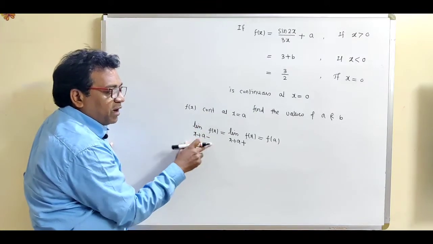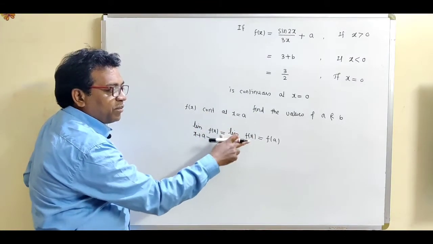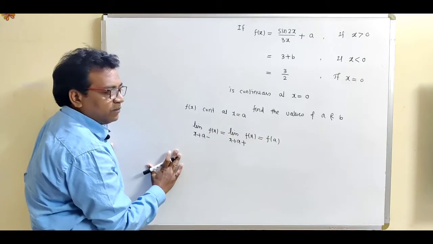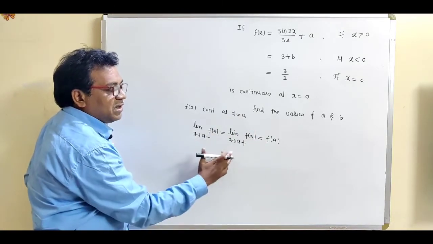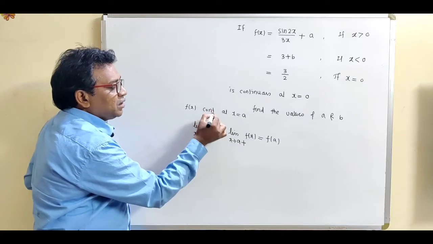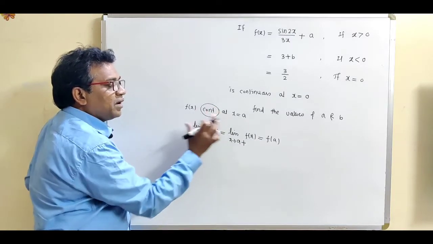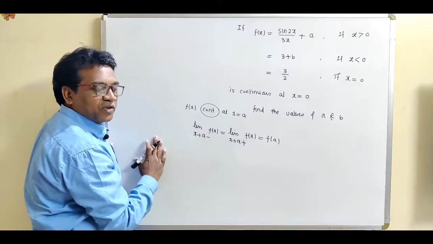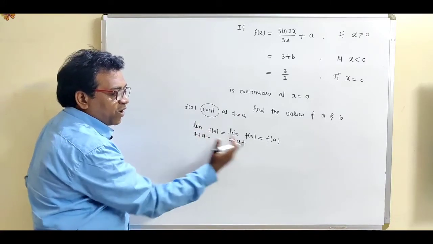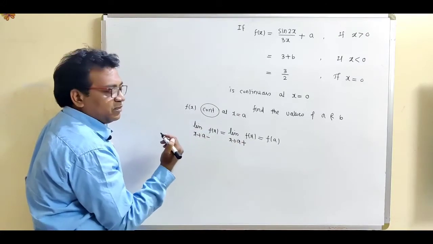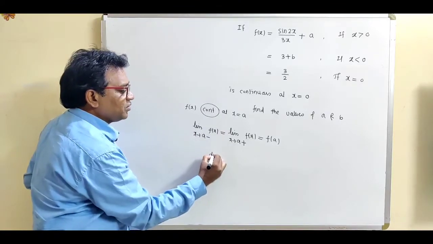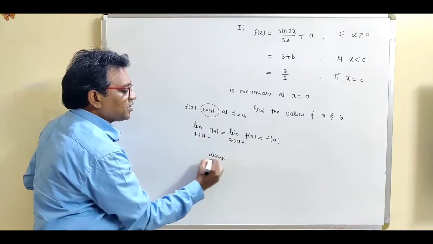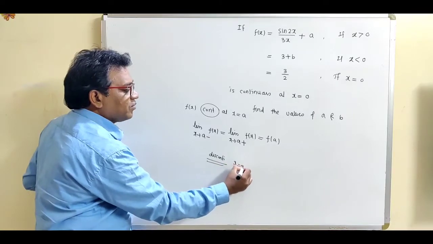If limit from left, limit from right and the value of the function, all the three values are equal, then the function is said to be a continuous function, otherwise it is said to be a discontinuous function. If one of the values is different, then we can say that the function is discontinuous at x equal to a.